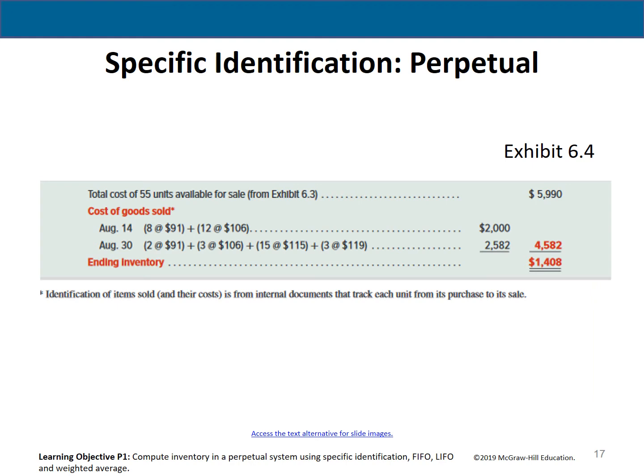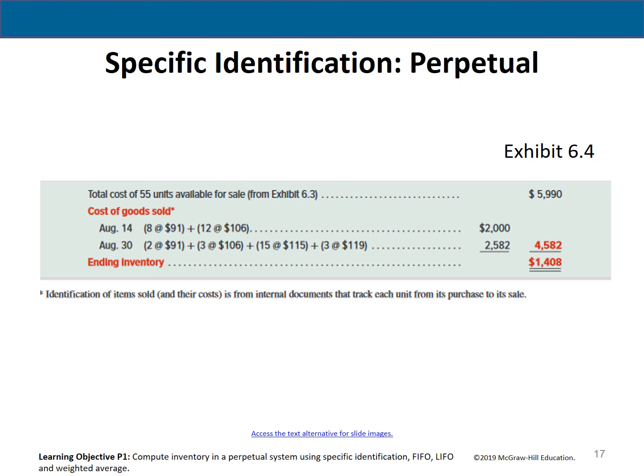Let's say the total cost of the 55 units available for sale are $59.90. Okay, so what is this saying? This is saying that this company knows exactly which bikes, when they sold them, exactly how much they cost. They specifically identified them. So they will remove them at their actual cost.